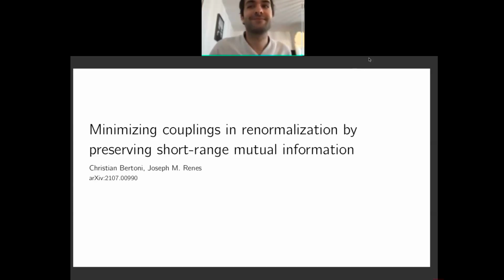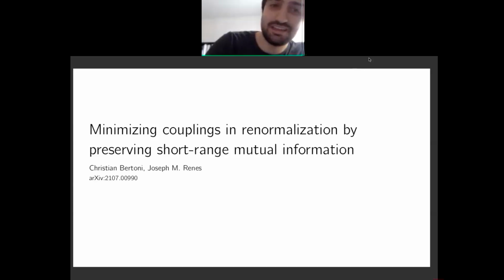Hello. I will be presenting this work about how one could use some information theoretic methods to inform a renormalization method in statistical mechanics. It's joint work with Joe Renes.